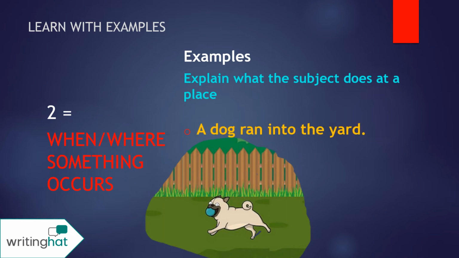A dog ran into the yard. If you were just using subject first, verb second, then this sentence would just be the dog ran. Here, we're talking about the subject, which is the dog, running, which is the action or verb, in the yard, which is the place.